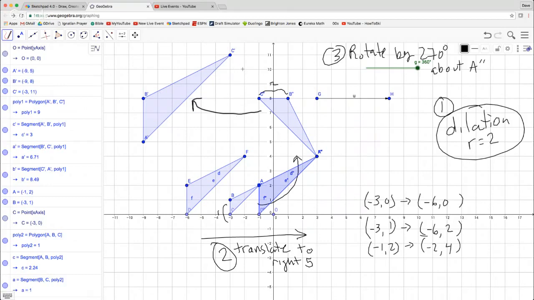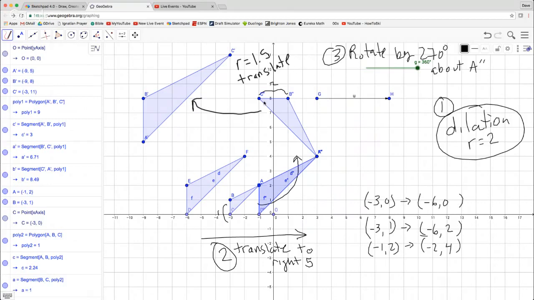And I'll give you the hint that you use a factor of 1.5 because the short side here is 2, and the short side here is 3. So you're going to need to multiply it by 1.5 of dilation, and then you're going to need to translate it.